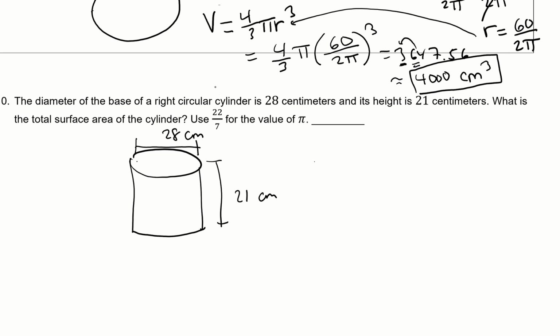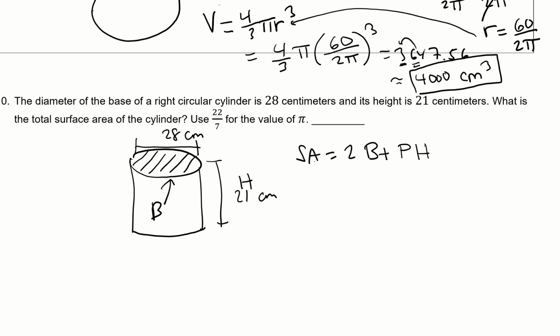If you go to your formula sheet, it would say for a prism or cylinder, the surface area is 2B plus Ph. They use lowercase h, but I usually change that to capital H when I write it down. Now remember, B is the area of the base. This is the base, and we know that the base is a circle.